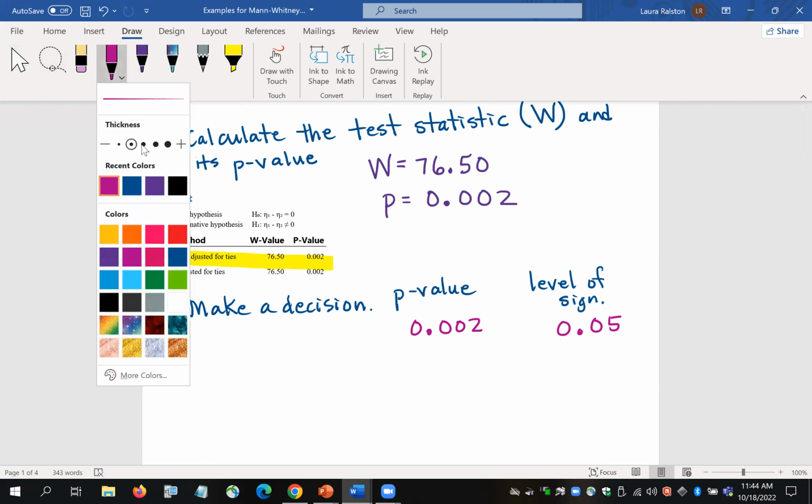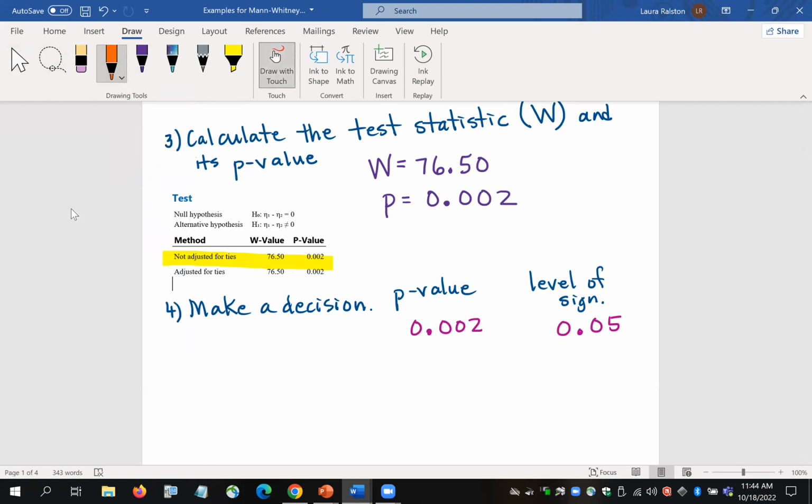Again, if I make those comparisons digit for digit, 0 compared to 0, 0 compared to 5. 0 is less than 5, so P is less than or equal to the level of significance. When P is less than or equal to the level of significance, we reject the null.